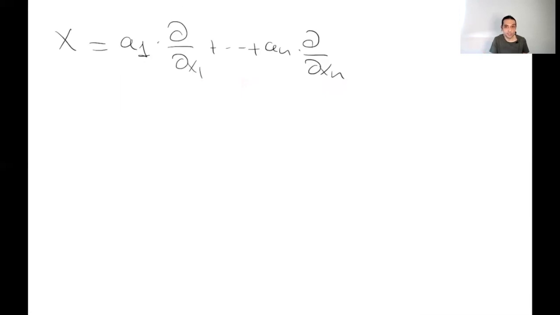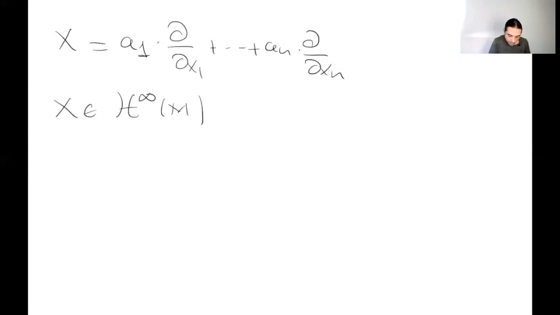Since those functions are C-infinity, then these functions over here are C-infinity. So we get a vector field, which is a C-infinity vector field of M, right? And it is obvious by construction that the derivation associated to X is equal to D.